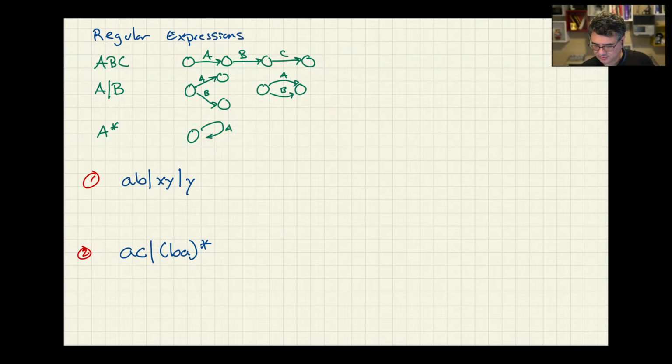So I've got two regular expressions here, and I want you to do two things. I want you to write out some examples of the strings that these regular expressions accept, and then also draw the finite state machine that corresponds to it.